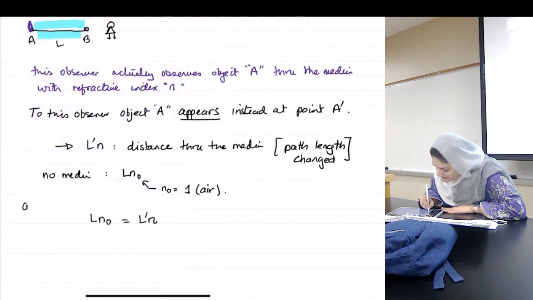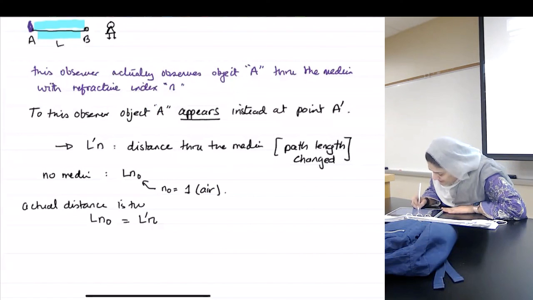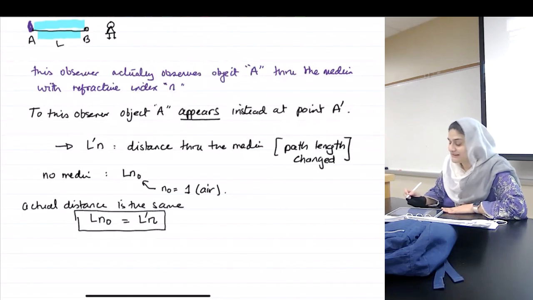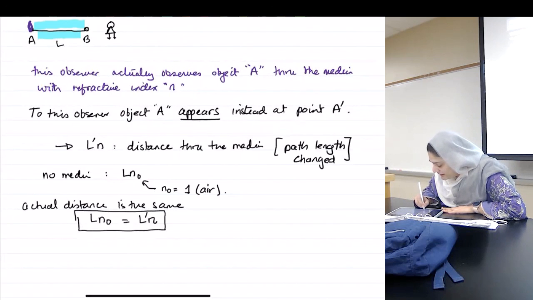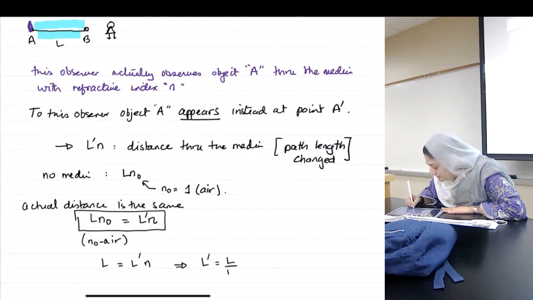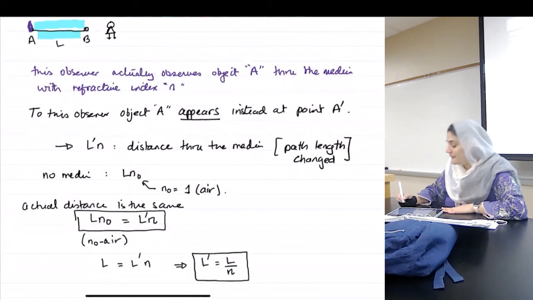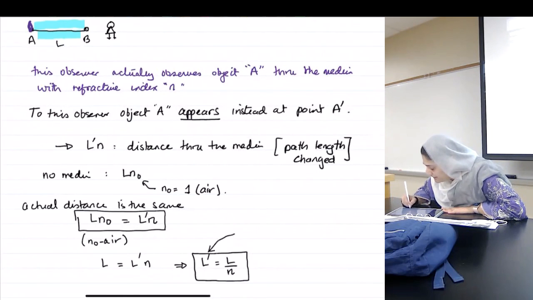The actual distance is the same, regardless of the fact that I placed a medium in there or I did not. And when N0 is air, can I write this as L equals L prime n? Or may I write this as L prime equals L over n? And this L prime is called the reduced distance.